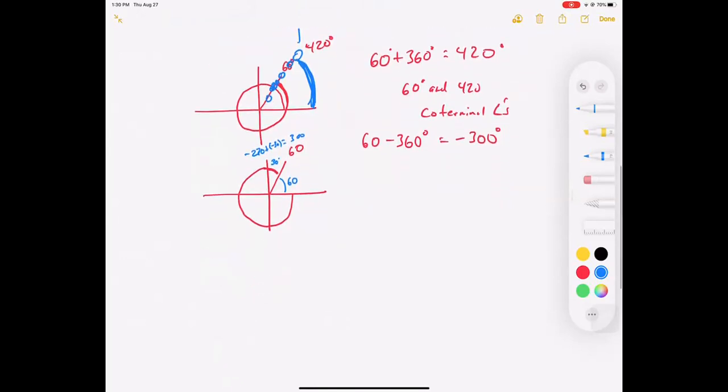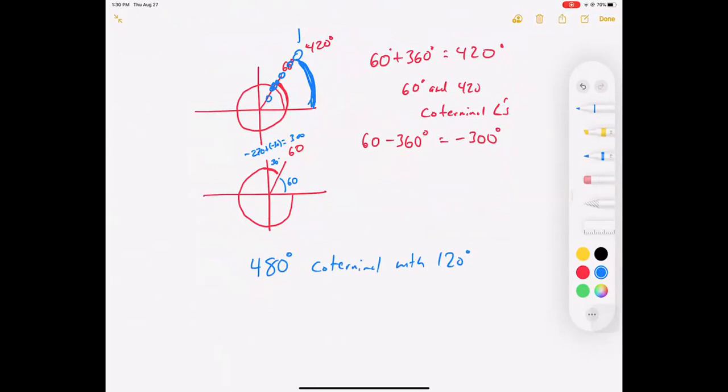Okay, so my follow-up question, let me ask you: are these two angles coterminal with each other? Is 480 degrees coterminal with 120 degrees?